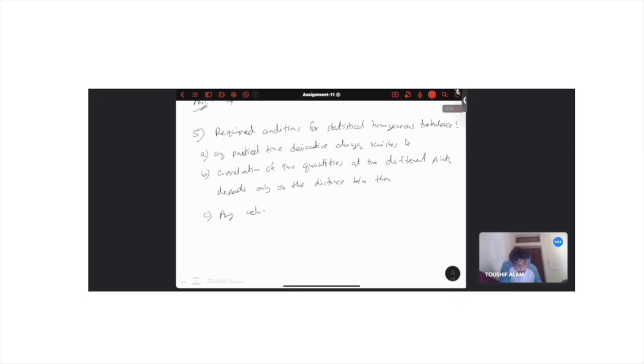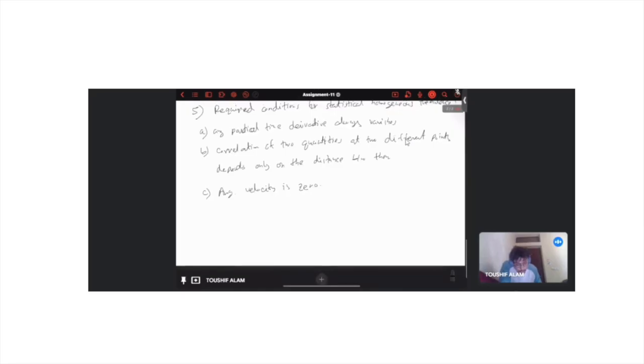Option C, average velocity is 0. Option D, single point statistical average of any quantity is constant for the system.